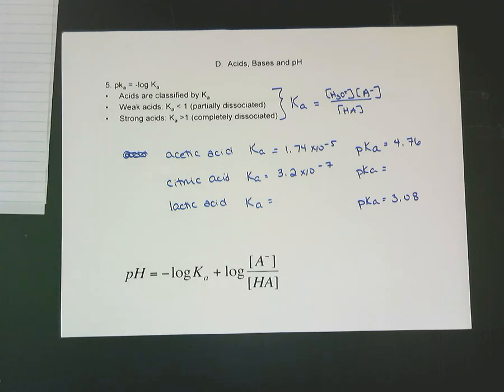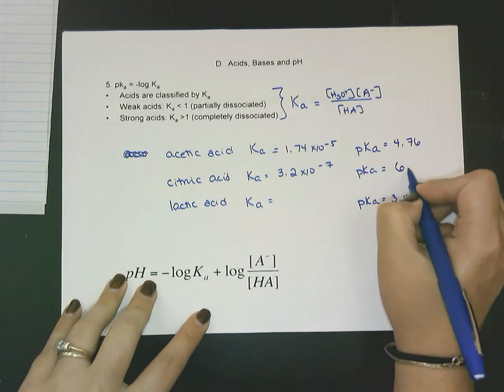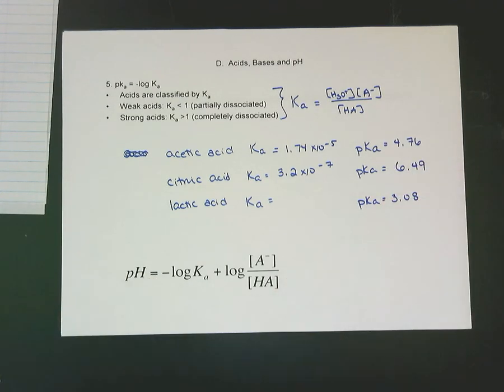All right, any thoughts on my citric acid pKa? I heard 6.49. Good. All right, what about the Ka of lactic acid? What number does it start with?